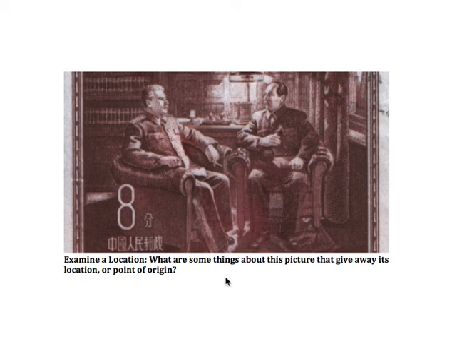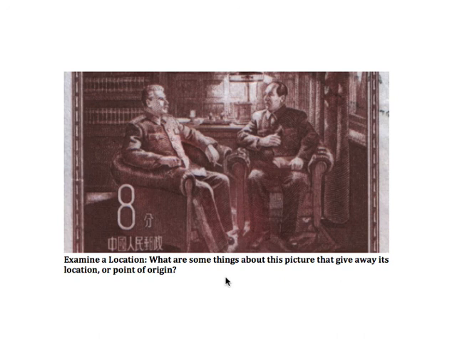Now, what time period did this stamp probably circulate around in? Well, it's going to have to be somewhere between the lifespan of Chairman Mao and Joseph Stalin. So it's going to be during the time in China that Mao was in power, more than likely, because these two people did get together and they did talk. This stamp obviously illustrates that. Chances are they weren't talking about football. They were probably talking about communism.